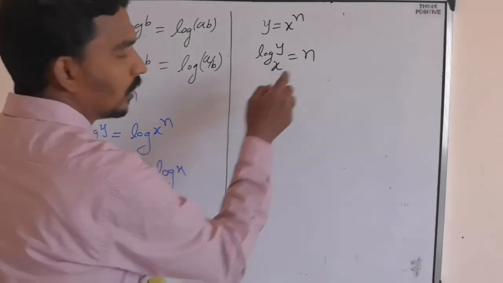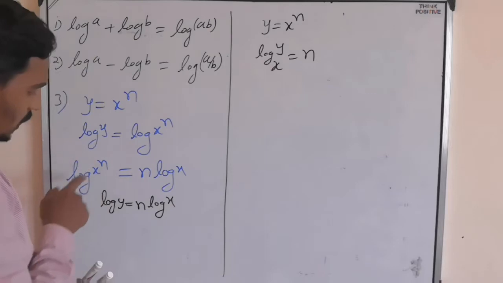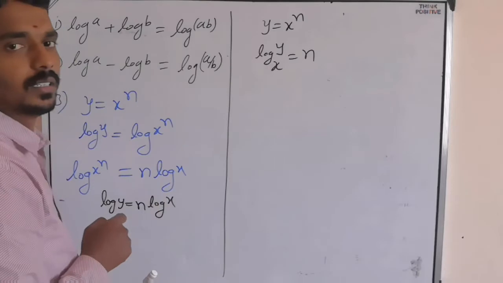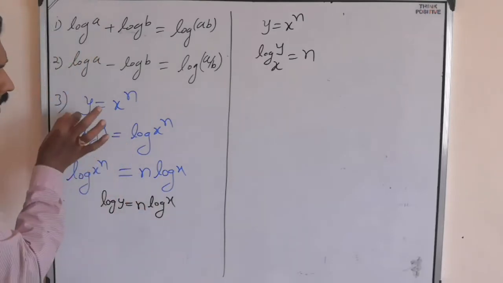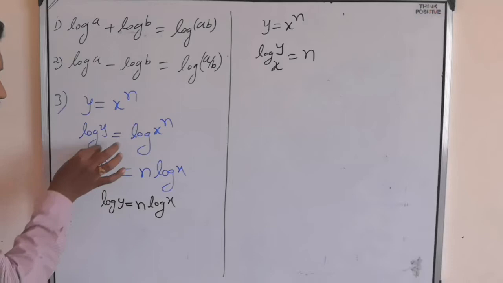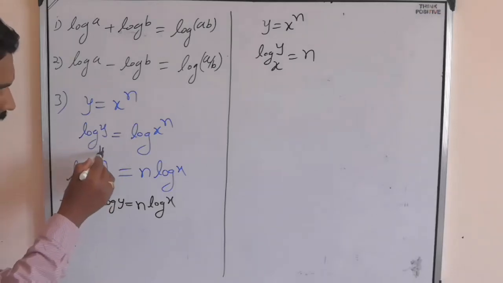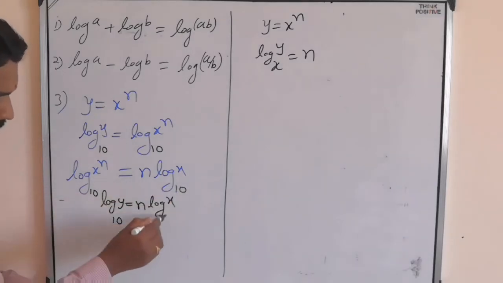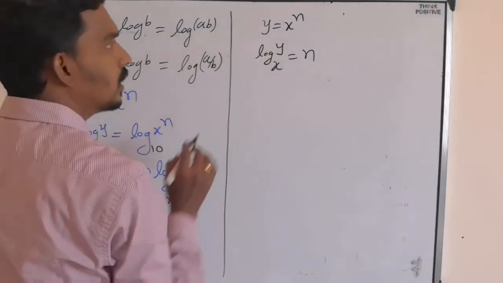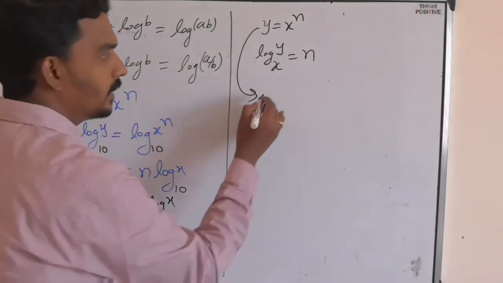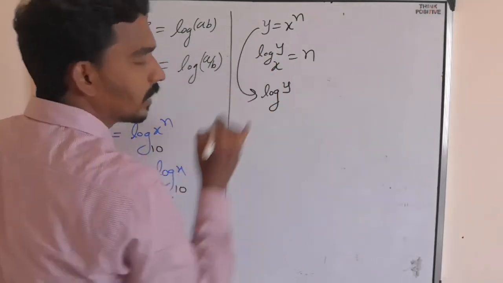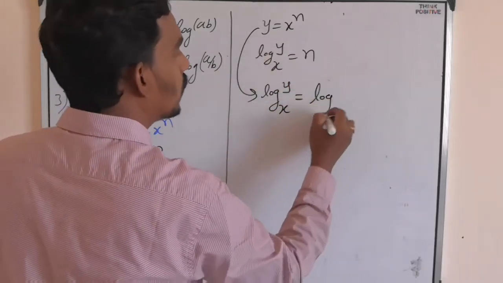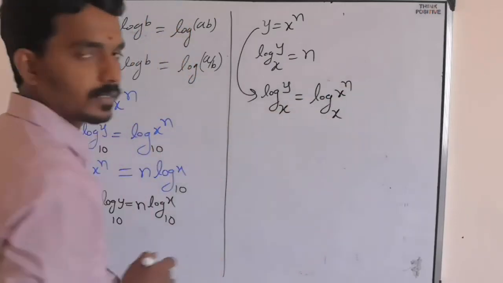So the difference is, here the base is 10, but there the base is x. Here when you apply log on both sides, you are applying base 10. But there, when you apply log on both sides, log y with respect to base x equals log x power n base x.